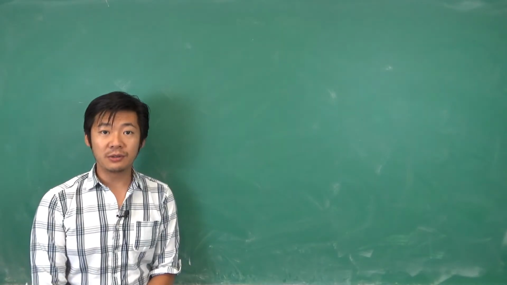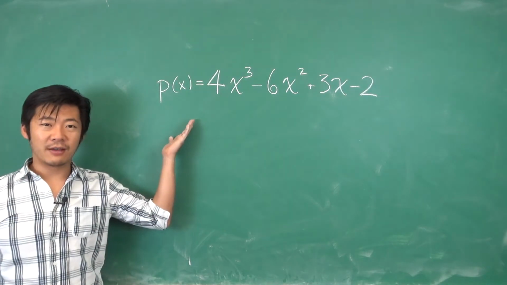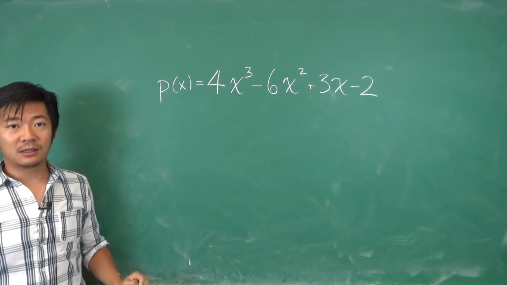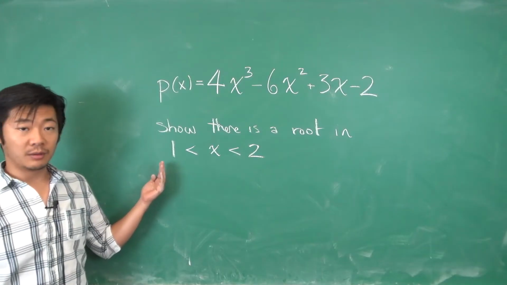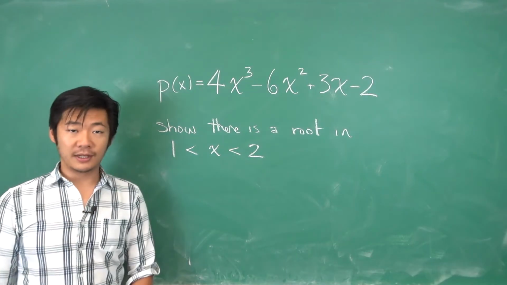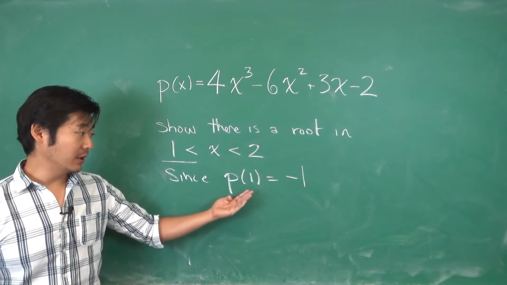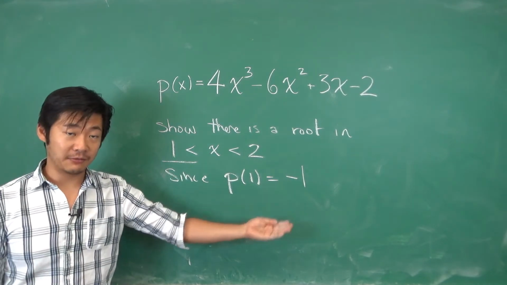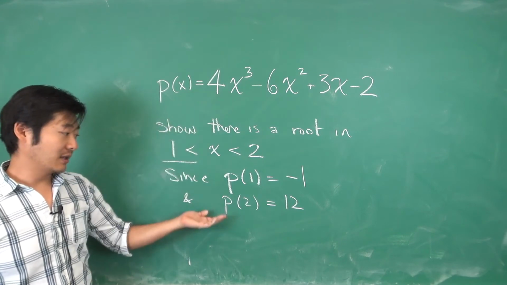So how can we use the intermediate value theorem? Well, here's one use. Suppose we have a polynomial p of x, and we want to show that there is a root between the numbers 1 and 2. That's not too hard to do. We simply evaluate the polynomial at 1, which will be negative 1, and then we evaluate at 2, which if you plug in, you'll get 12.